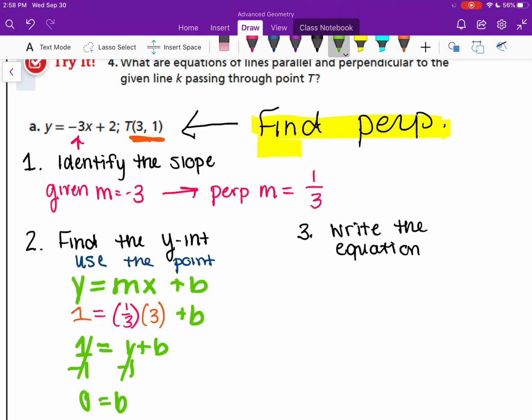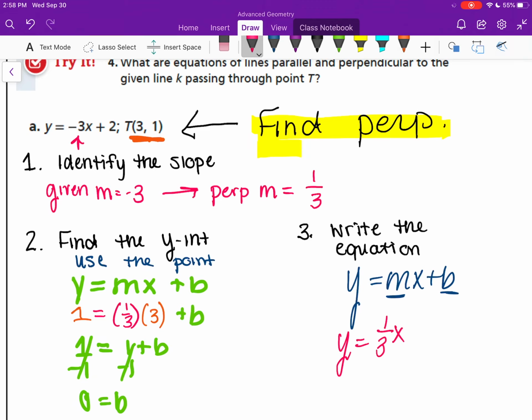My third step is to use that y-intercept to write the equation with that slope. So again, I want to use the form y equals mx plus b, and I'm going to sub in my m and my b. When I do that, y equals, I know my slope is 1/3, and since I'm writing an equation of a line, I should still have the x and the y.